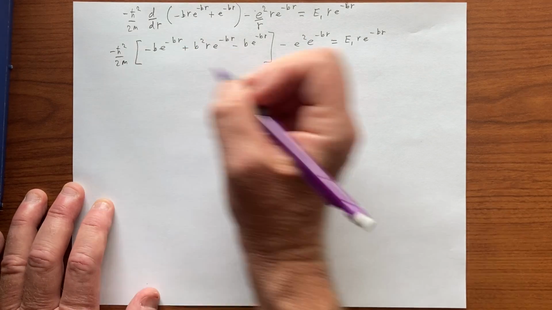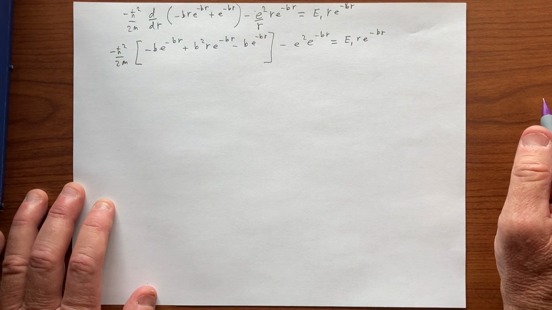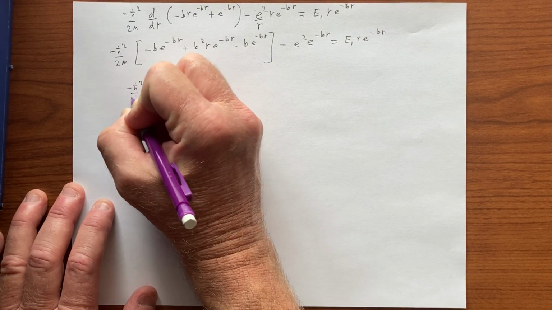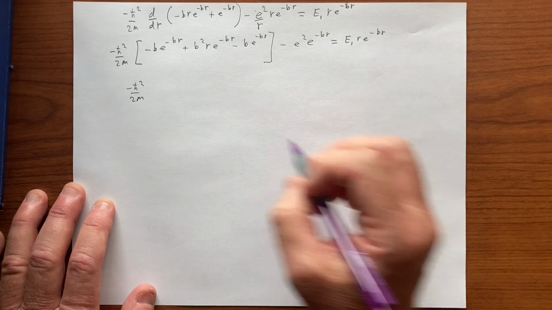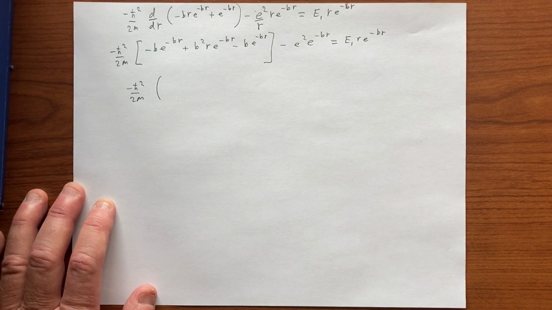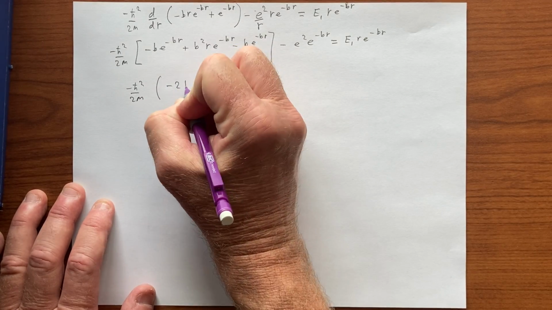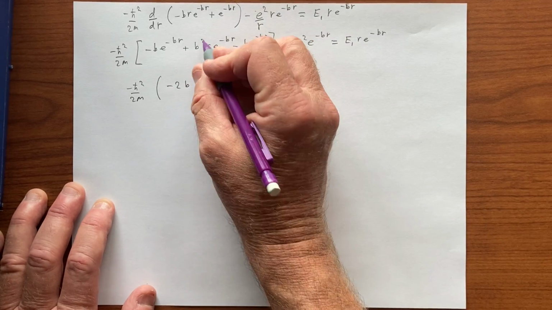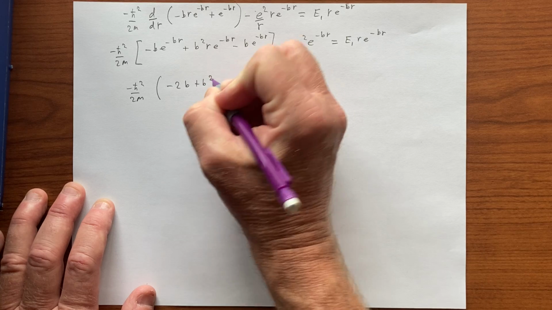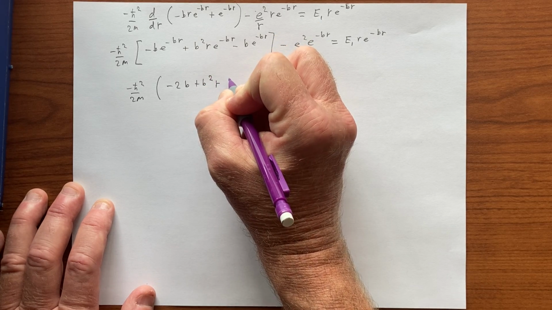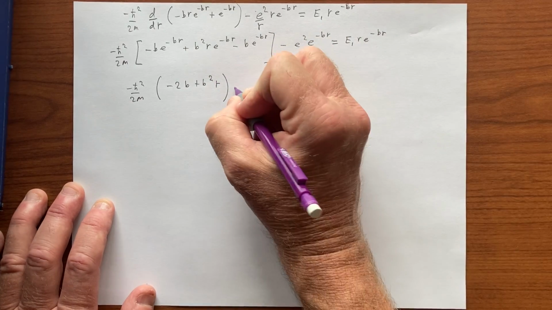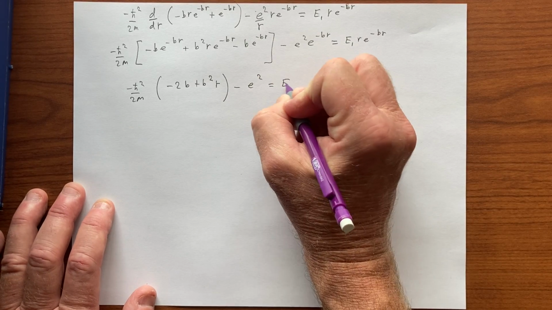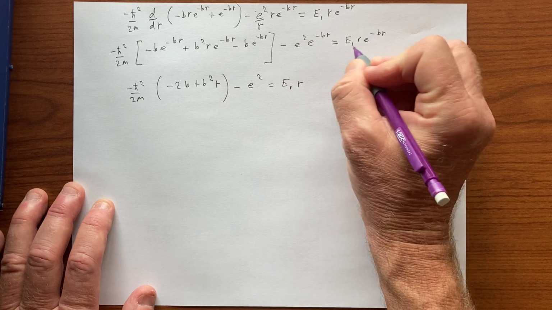So we get minus h bar squared over 2m times minus 2b, we combine these, plus b squared times r, minus e squared is equal to E1 times r, right?